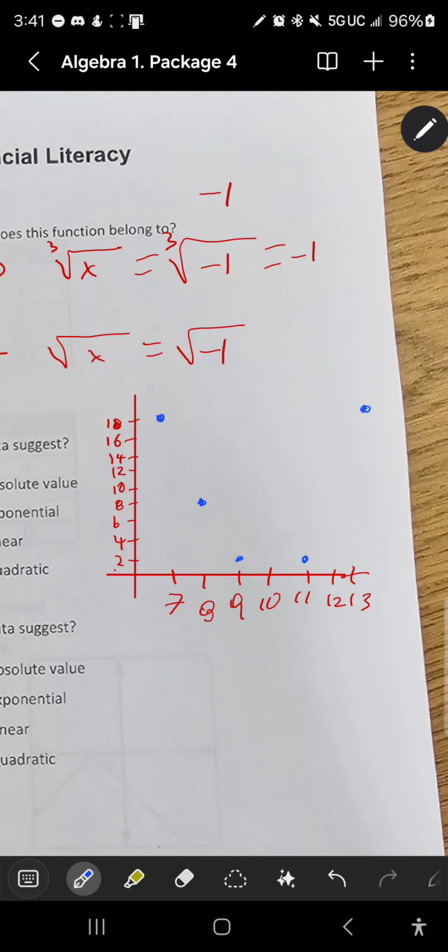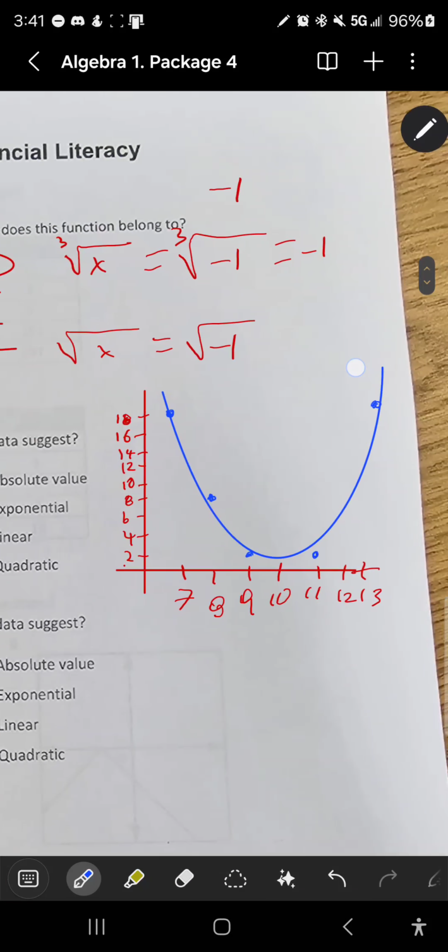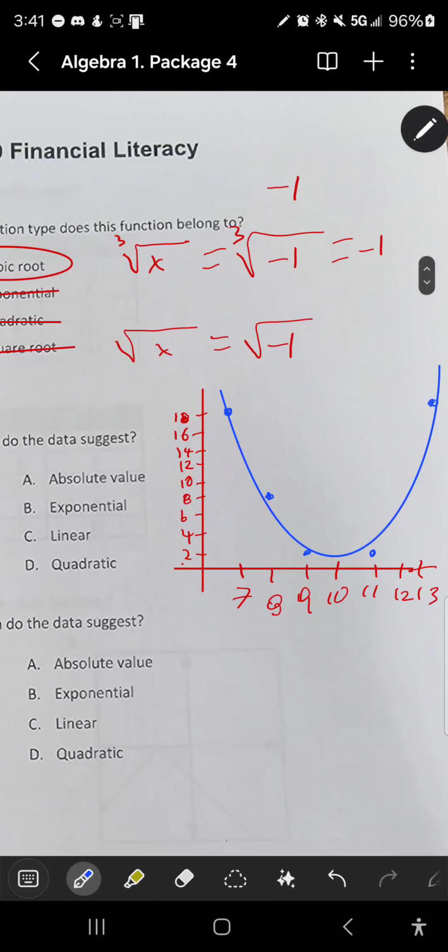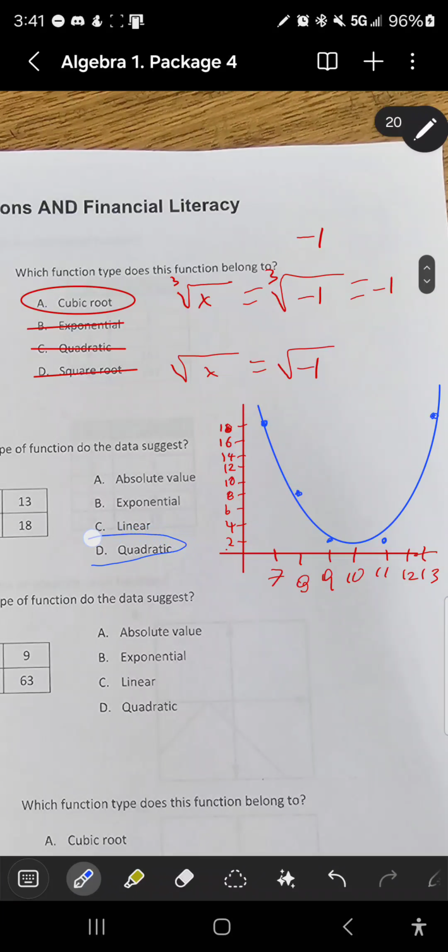So if we connect these points, we have this shape, more or less. I see a quadratic. If you don't see a quadratic, you know it is not linear because it's not following a straight path. It is not exponential because it's not going all the way up or all the way down.